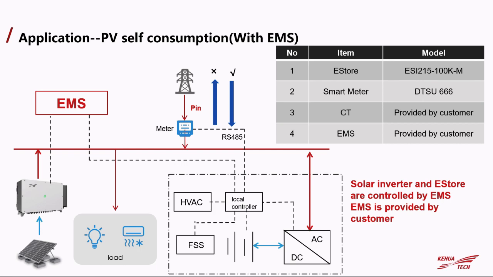The solar energy and storage are controlled by the EMS. The EMS just sends the power order to the inverter or to the energy storage system. So in this situation, it's relatively easier for the EMS to manage the whole thing.